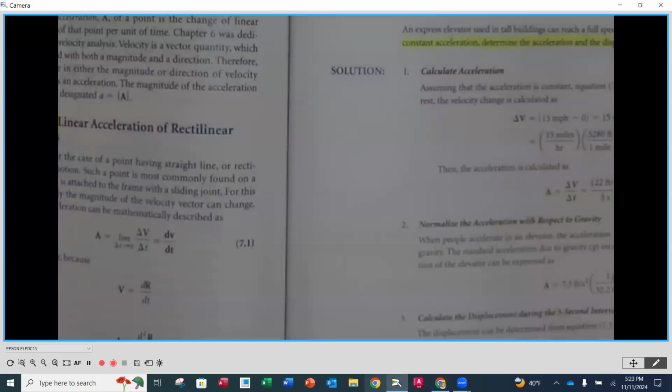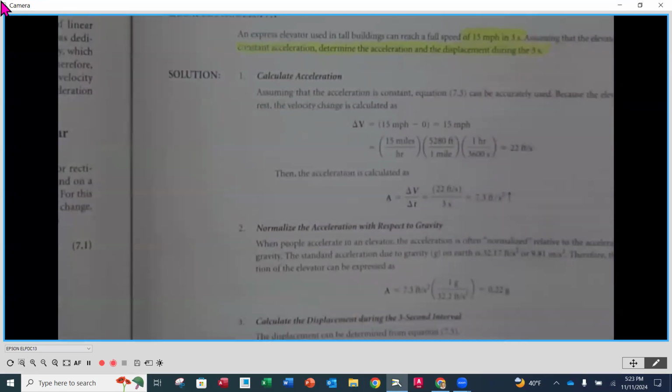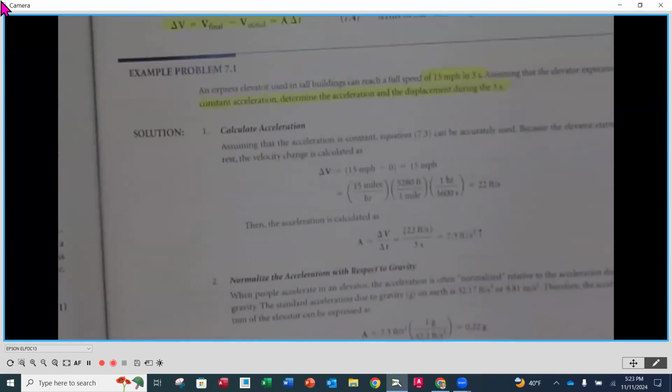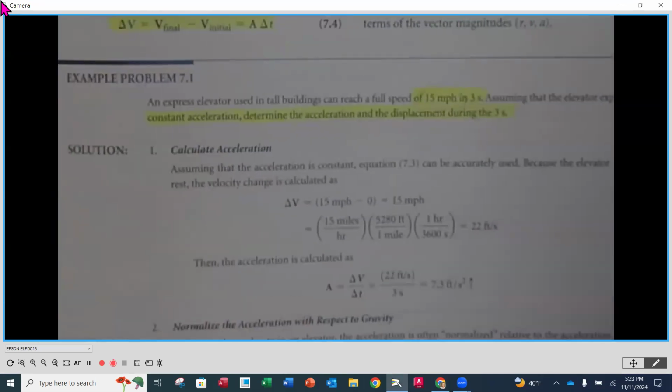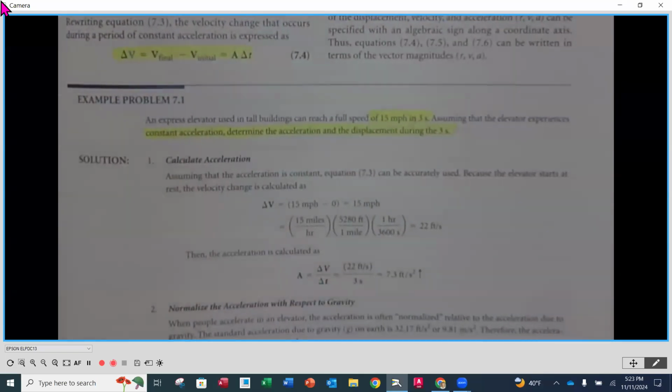So I'm going to go underneath and we're going to look at example problem 7.1, on page 171. It says here that an express elevator used in tall buildings can reach a full speed of 15 miles per hour in 3 seconds. It's pretty fast. Assuming that the elevator experiences constant acceleration, determine the acceleration and displacement during the 3-second interval.